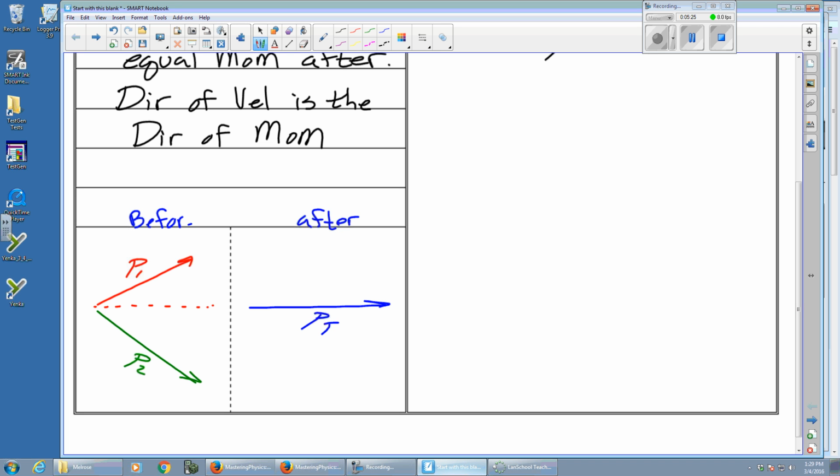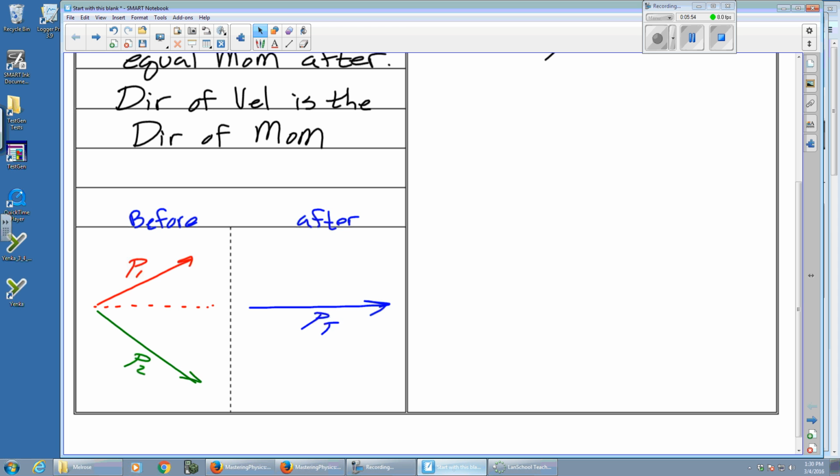Probably should have started off by labeling this. But afterwards, they combine into a single thing, right? The clay balls combine into one object, or they move off together. So it's kind of like, boom. And I know that if I add up the green and the red, it's going to equal the blue.